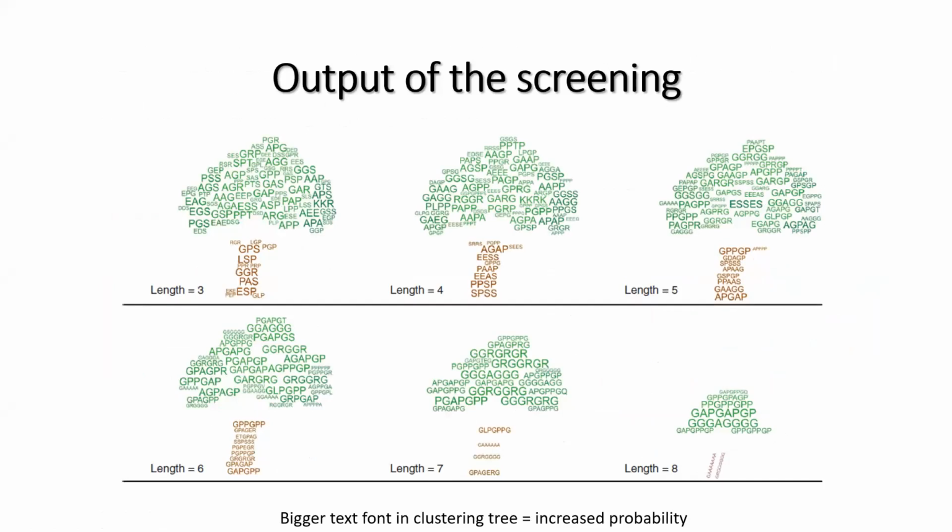These clustering trees show the output of the screening. So the bigger letters are the more probable osteogenic oligopeptides from the output of the artificial intelligence. So these oligopeptides would have a higher probability of having osteogenic properties based on the ideas of the original osteogenic proteins that the system learned.